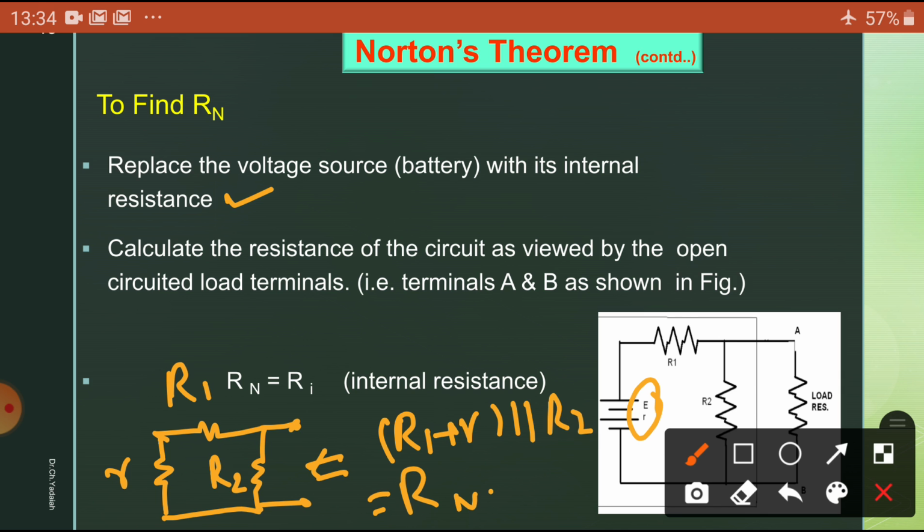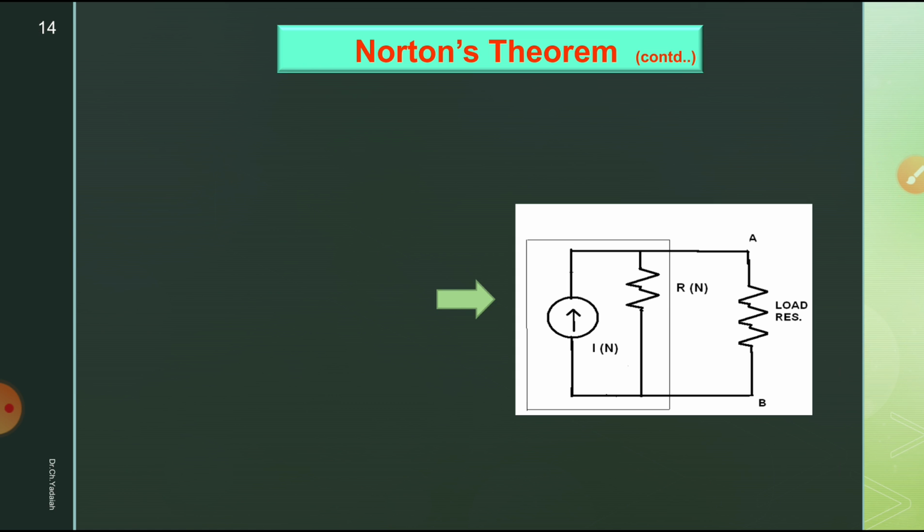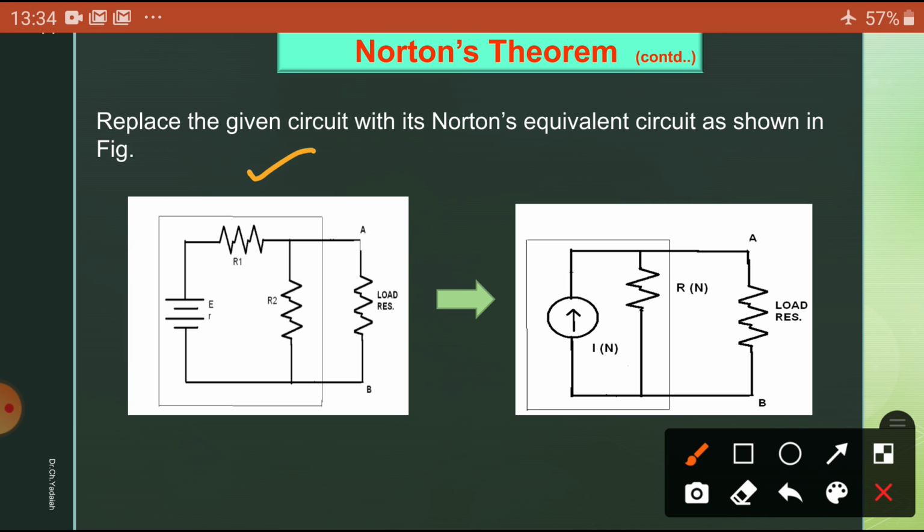Okay, so here calculate R internal. Now, so whatever circuit is reduced from this circuit, this given circuit is a simplified circuit. So your aim is to convert to this circuit.